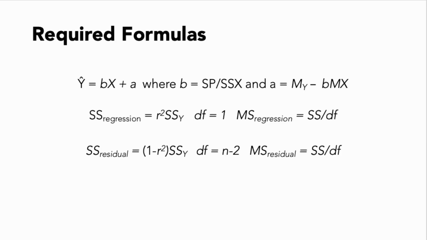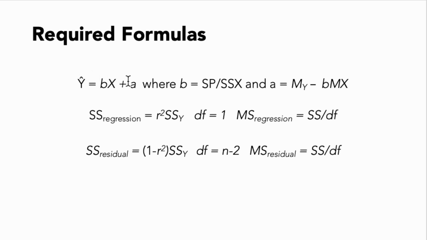Now, these are the formulas that you need in order to run a simple linear regression. Starting with this is the equation that we use to come up with the values to plot the best fit line. If you don't understand what the best fit line is and why we do all of this, it will be covered in the next few minutes as we go through our slides. But these are the formulas.